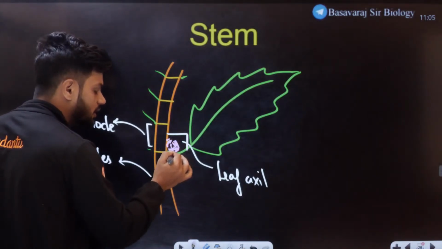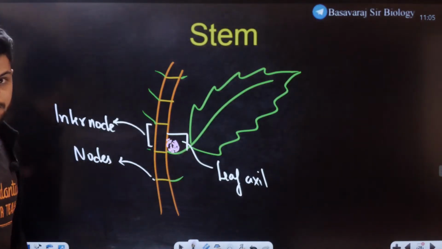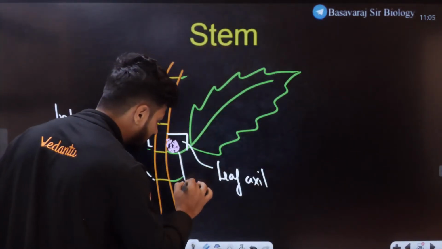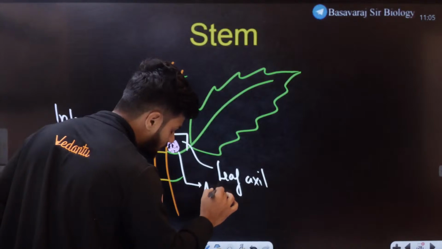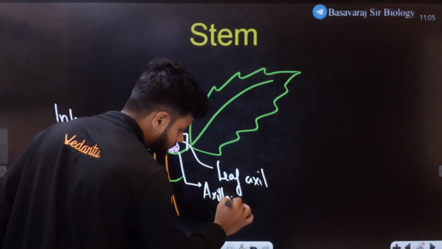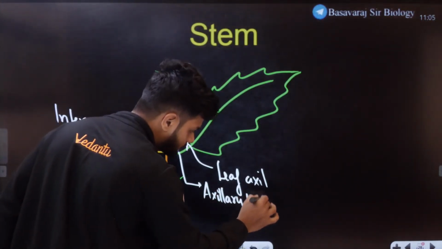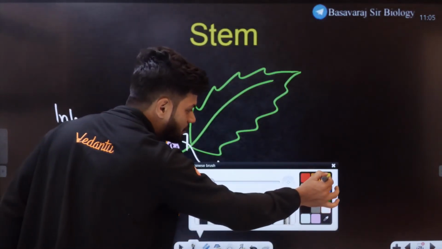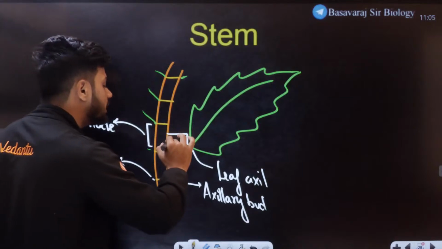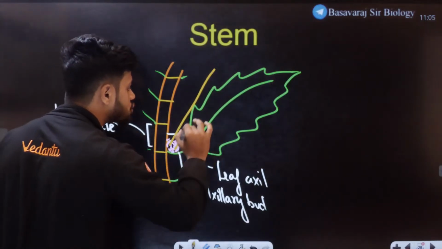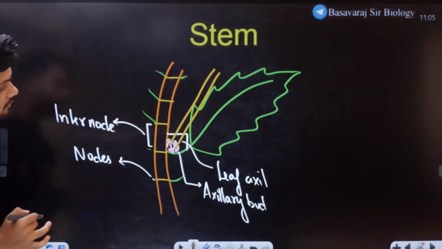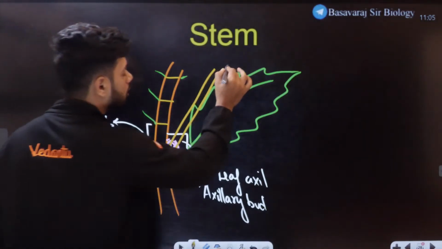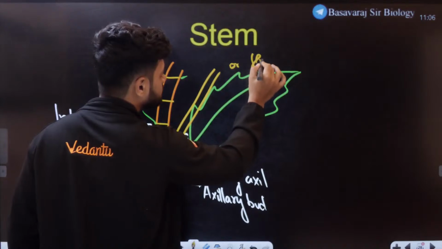This ends up making something called the axillary bud. Now what is so special about the axillary bud? This is the axillary bud which can eventually develop into a branch. Yes, it can. It can develop into a branch or flower.